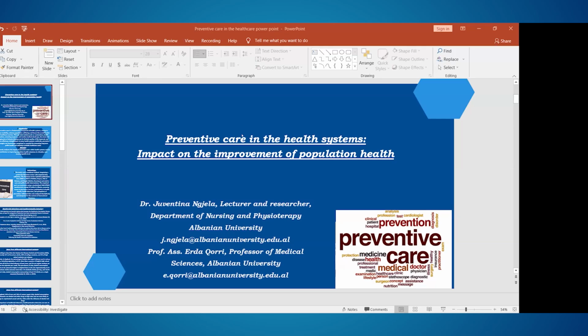Do you see the book in the right side down? There is a little booklet, like you can press that and it will be okay. Or if you put it on full screen.